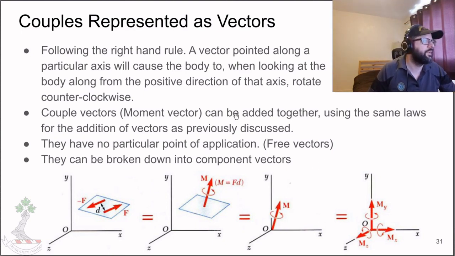So that allows you to break your couples down into vectors, and then it makes it easier to add and subtract the total moments that are being applied to an object.